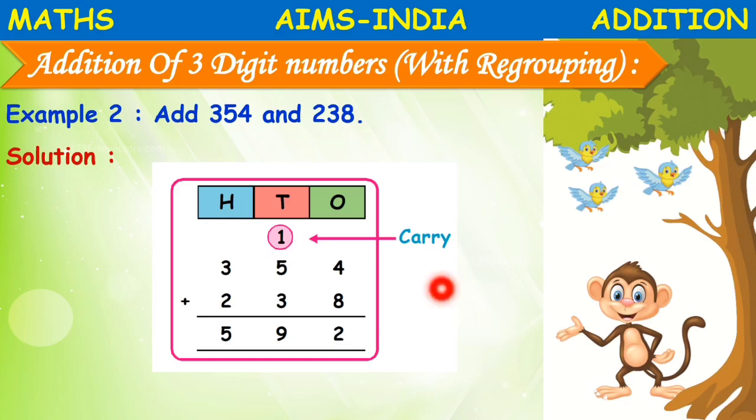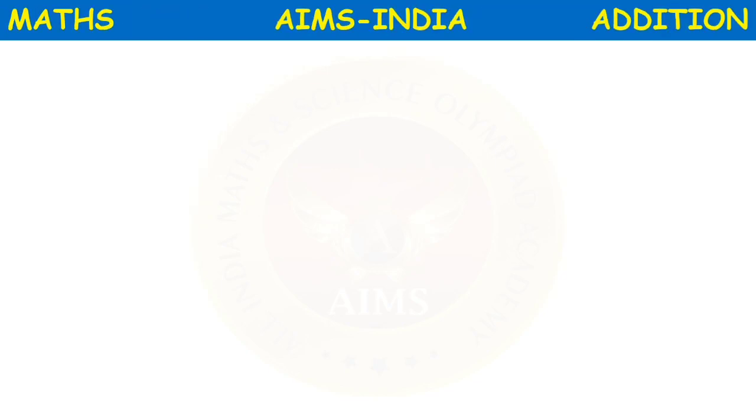Clear children? How did we do this? We added both the numbers using the carry, which is called addition of numbers with regrouping. I hope this was clear.